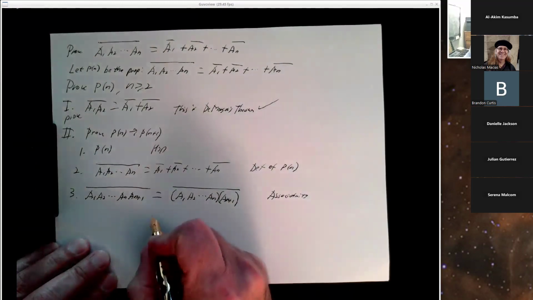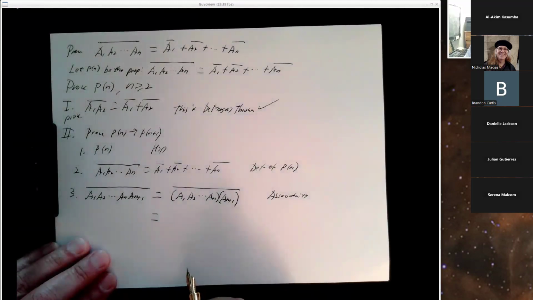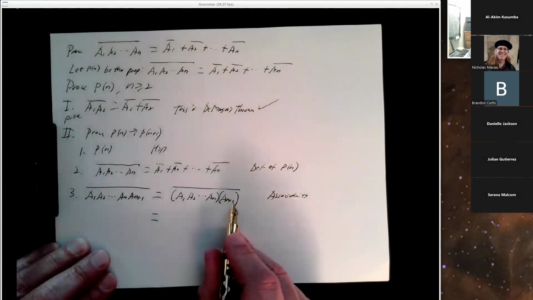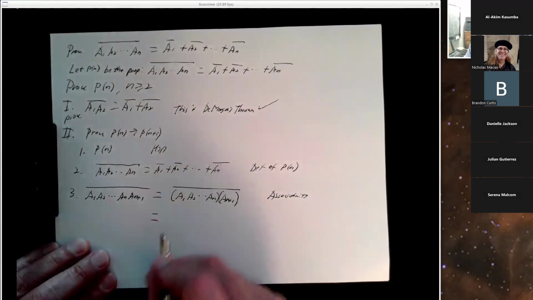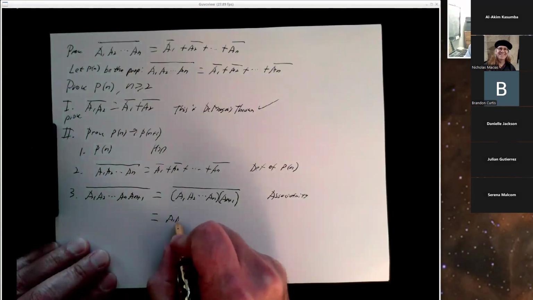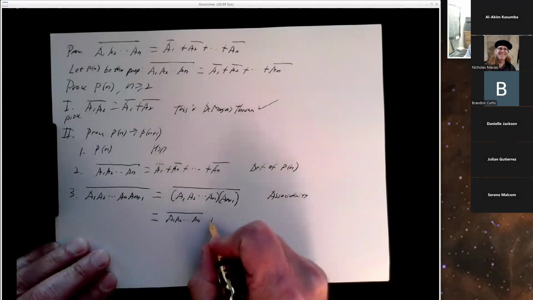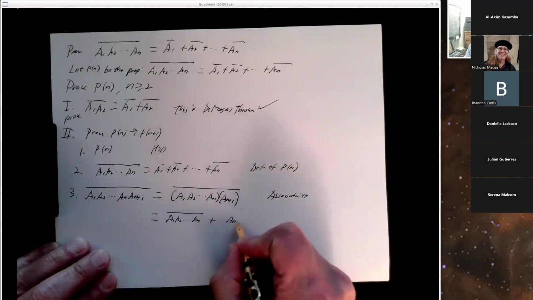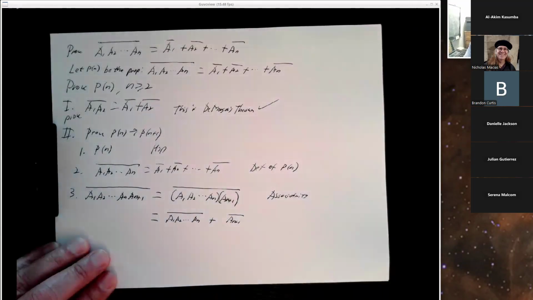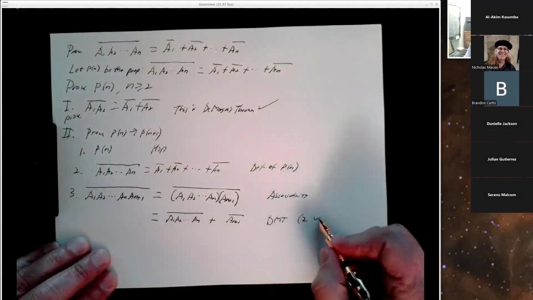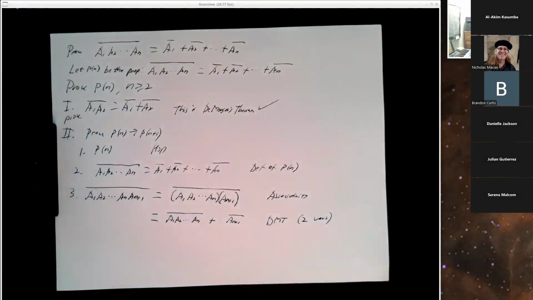And De Morgan's theorem tells me that this is equal to the NOR of the first thing ORed with the NOR of the second thing. And that's just De Morgan's theorem on two variables, which we certainly know because that's actually our base case.